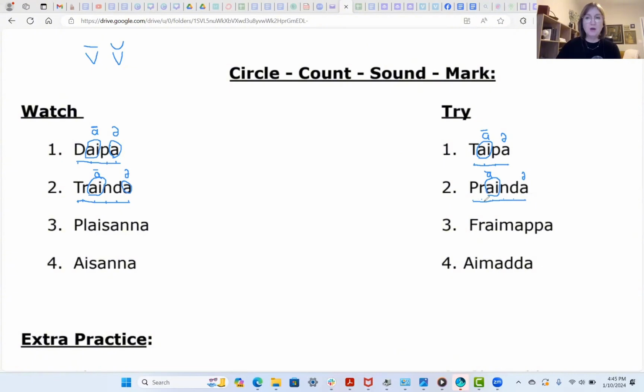P, R, A, N, D. Now the important part, blending those without a break. Pranda. Pranda. Please put in the chat one word how you're doing with these.